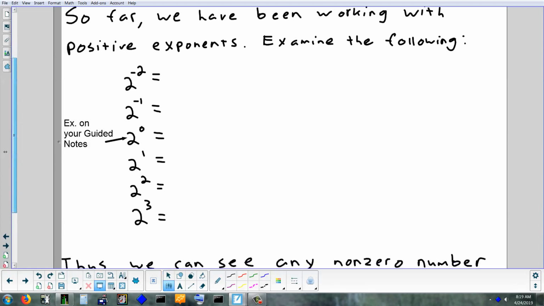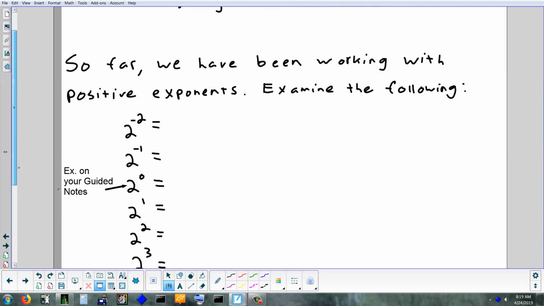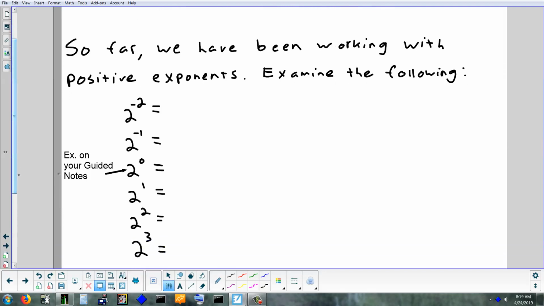What is 2 to the 3rd power? How much does it come out to? 8. How about 2 to the 2nd power? 4. 2 to the 1st power? 2. I think we've got enough of a pattern here. We should be able to continue the pattern backwards, even if we don't know how to do these. How did we get from 8 to 4?